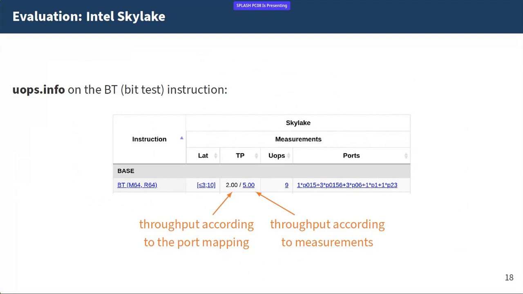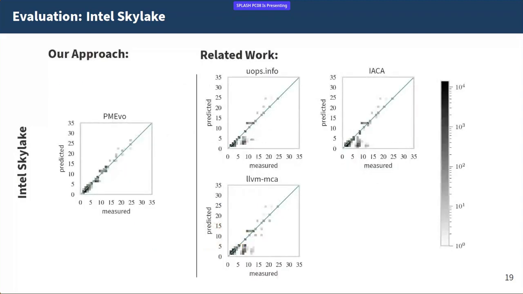Together with the rather complex port usage that you can see in the rightmost column there, we would assume that there are some kind of resource conflicts or dependencies among the ports that apparently the tools were aware of the port usage, but not of the dependencies in there, which explains the underestimation there. PMEvo is not aware of this inconsistency and therefore just produces a port mapping that explains what can be seen from the throughputs.